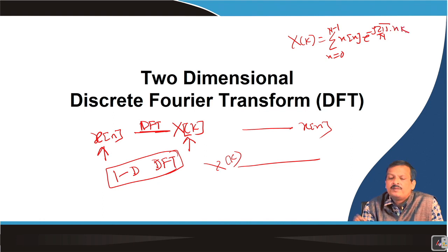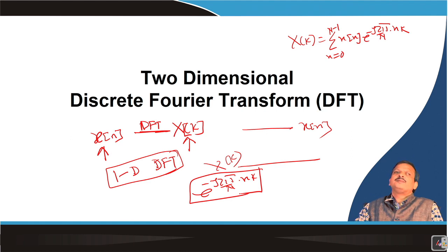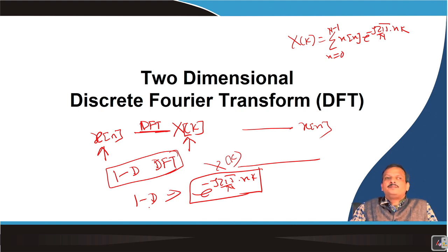So, e to the power minus j 2 pi by n into nk is the Fourier basis function, which is called the one dimensional basis function. So, how do we do that? We generate different frequency components and convolve with the original signal to find out whether the energy is there or not. That is my one dimensional discrete Fourier transform.